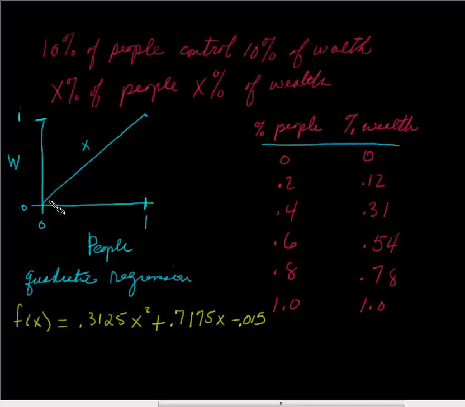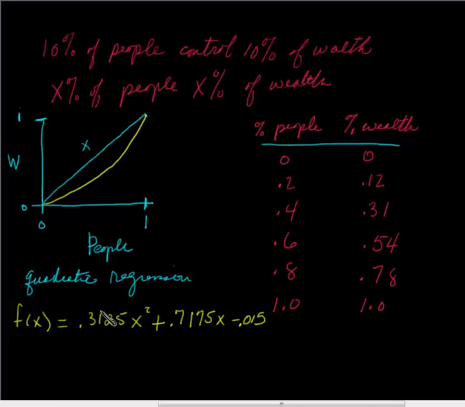And I'll just sketch what this quadratic would look like. We know it's going to look like a parabola because it's quadratic. It's a squared term for the highest degree. The coefficient is positive, and so it would open up. And it would look very much like this little curve that I'm drawing right here.